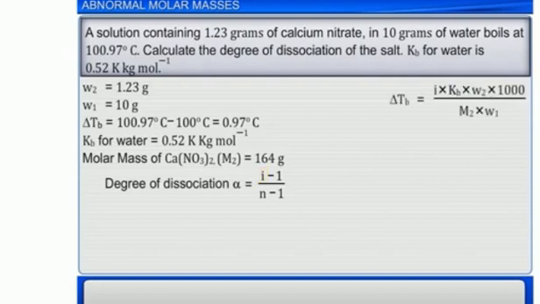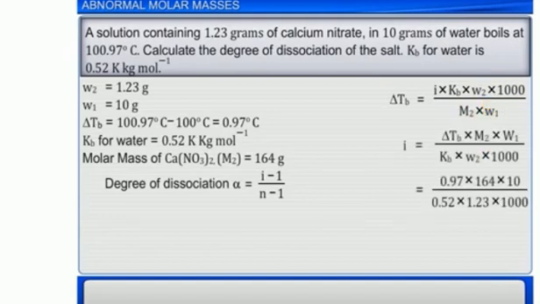Substitute these values in the modified equation for elevation in boiling point. Elevation of boiling point delta Tb is equal to i multiplied by Kb multiplied by W2 multiplied by 1000 divided by M2 multiplied by W1. On solving for i, we get van't Hoff's factor i is equal to 2.48.